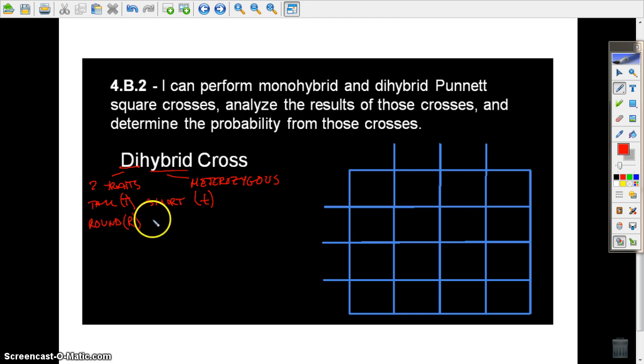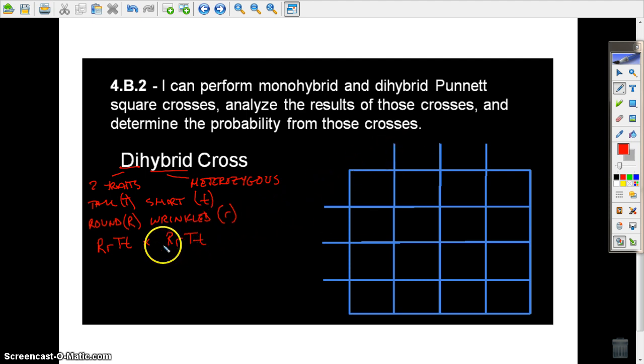So we'll go big R, and the opposite of smooth or round is wrinkled, little r. Well, if I'm hybrid or heterozygous for both traits, then I'm going to be big R, small r, big T, little t, crossed with another individual that is big R, small r, big T, little t.